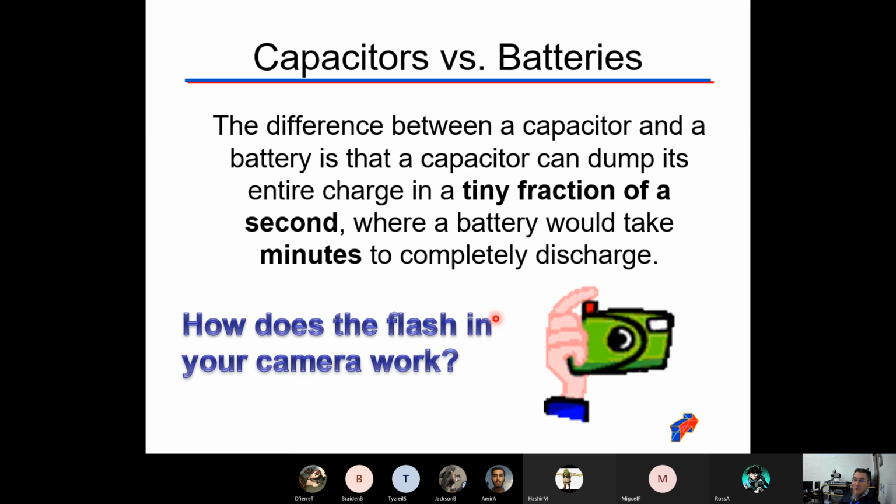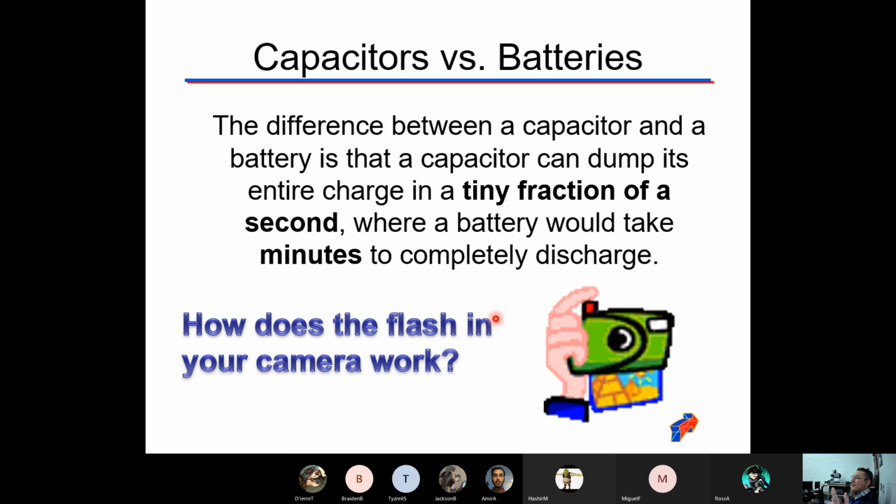How does a flash in a camera work? Because it's the same idea. You ever get one of those disposable cameras? After you take a picture and it flashes, you'll hear this little humming noise. It goes, and it's ready to go.